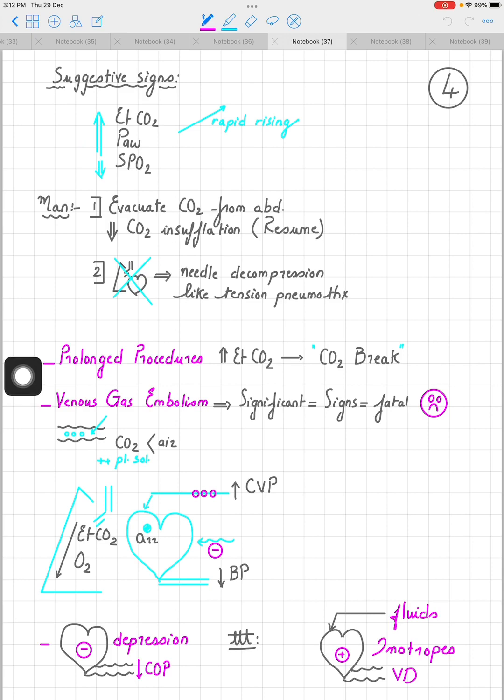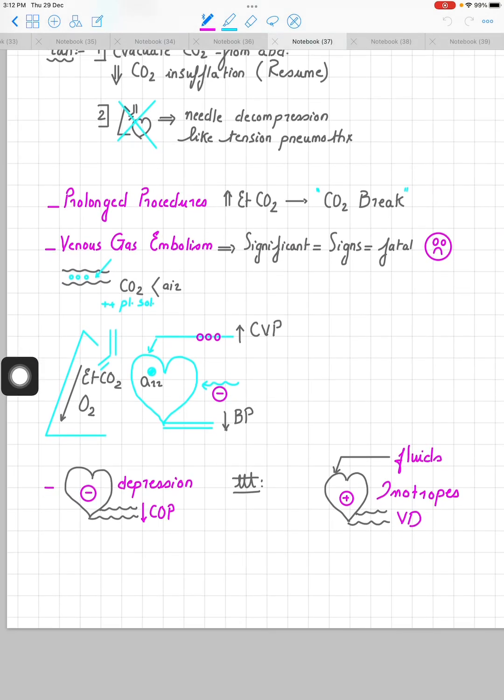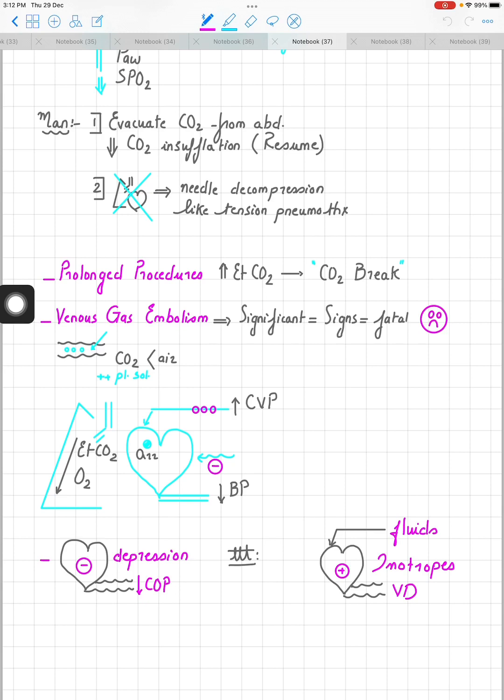Back to the adverse effects of the insufflation. During prolonged procedures with rising end-tidal CO2, a break may be required. Also, venous gas embolism may rarely occur when gas is inadvertently insufflated directly into a blood vessel. Physiological effects are less with carbon dioxide than air due to its greater plasma solubility.